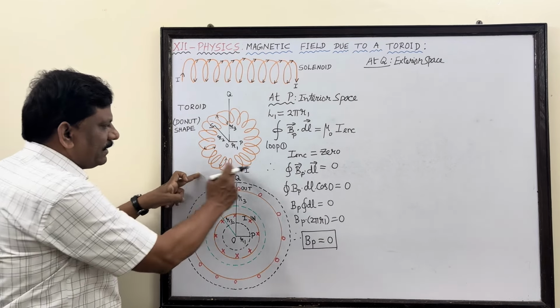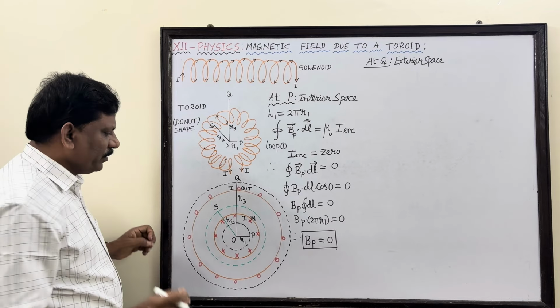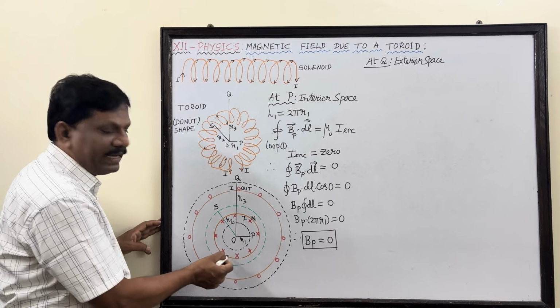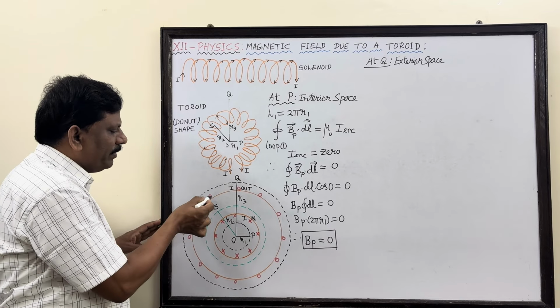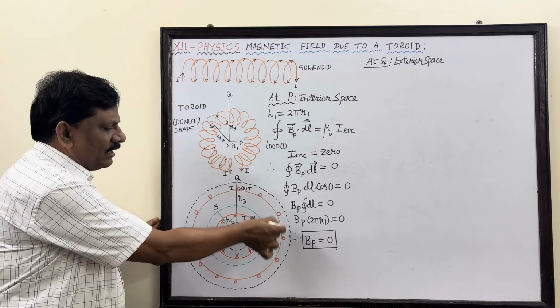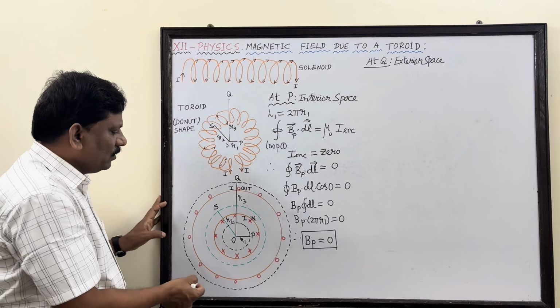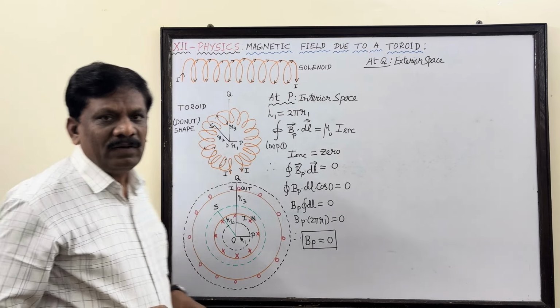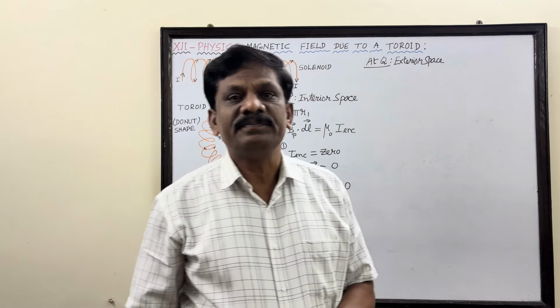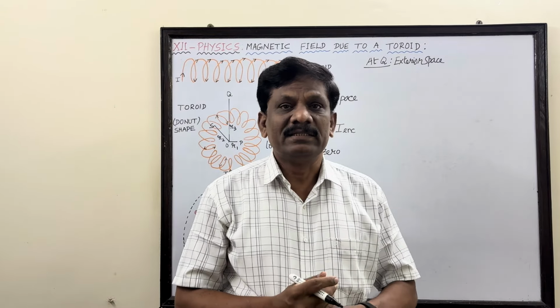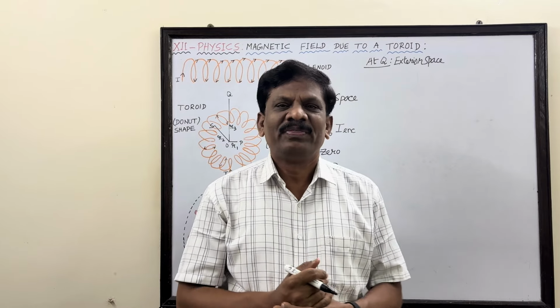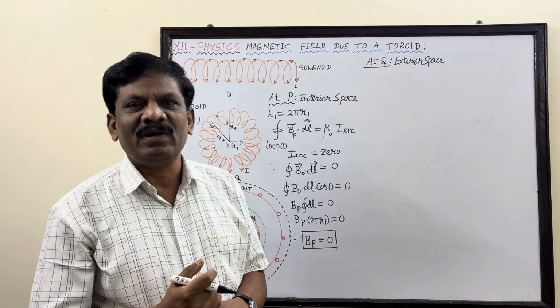All this diagram representation is included because it's a larger circle, is it not? In this Amperean loop also, you can see that current is flowing in the inward direction through the X marks, and the current is coming out through the circle marks outward. So the current flowing inward and the current flowing outward will cancel each other, and hence in this Amperean loop also the current enclosed must be equal to 0.